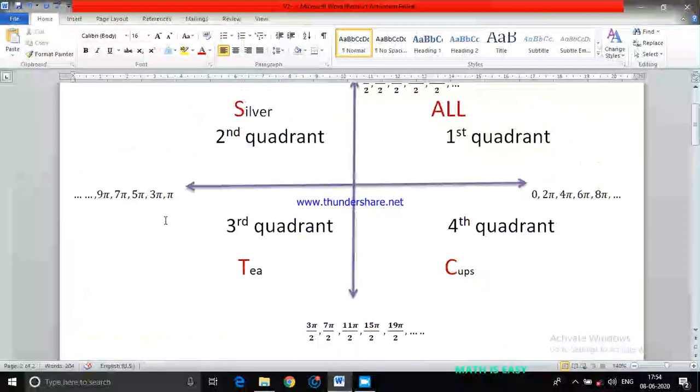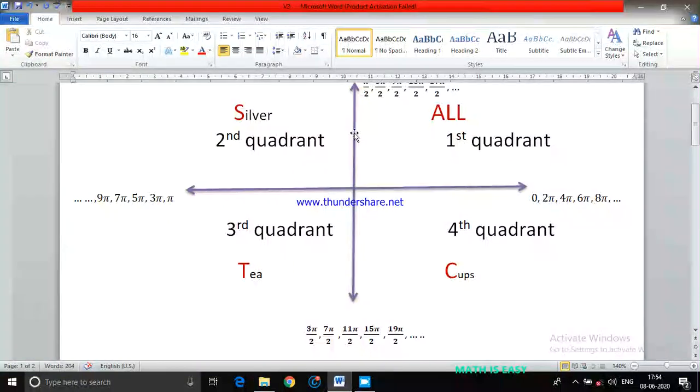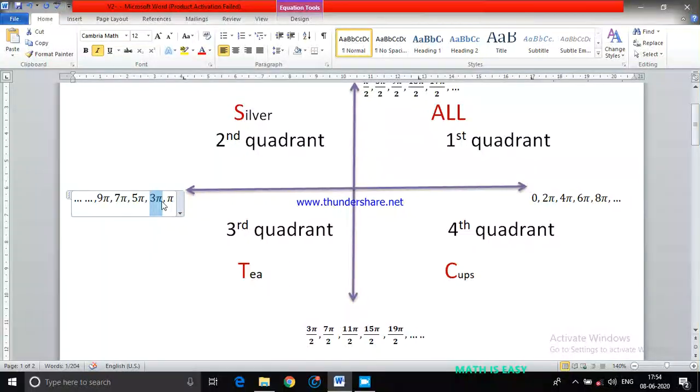540 means, let me see where it is. We already discussed 540 is, I think, 3 pi. 3 times 180 will be 540. So 540 here and minus 60. First rotation completed. In the second rotation you reach 540, then you go 60 degrees backward. That means second quadrant.